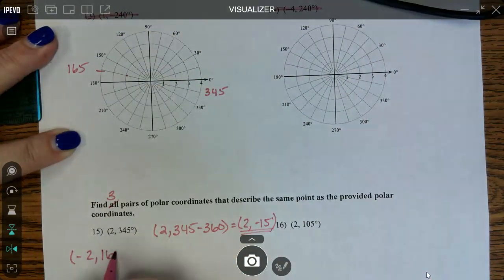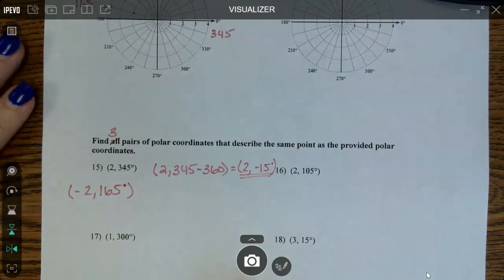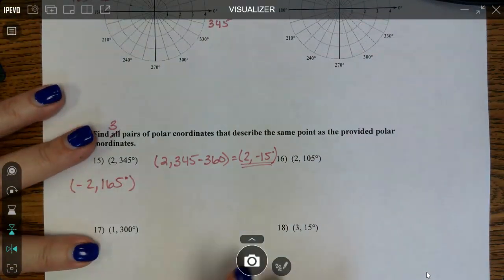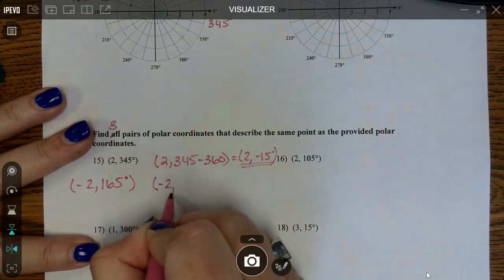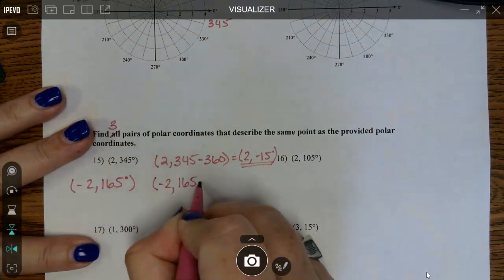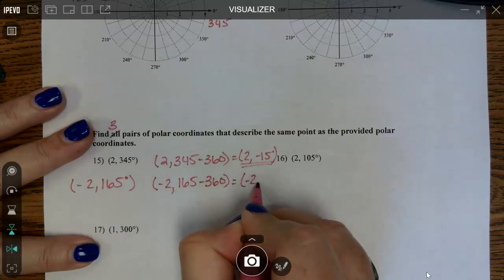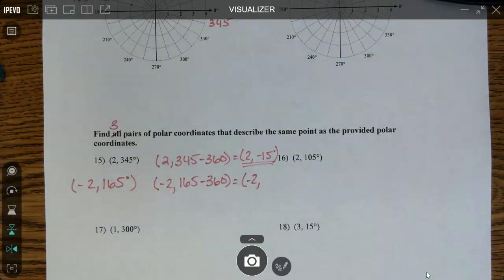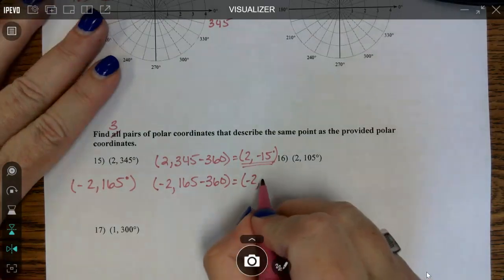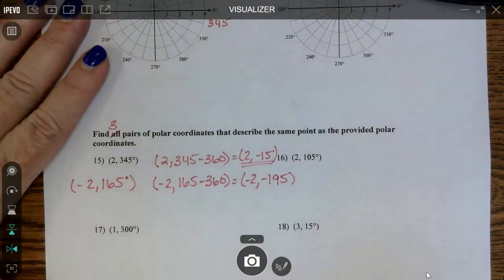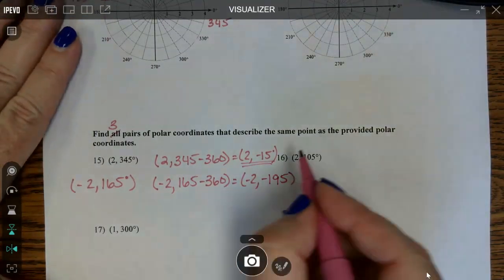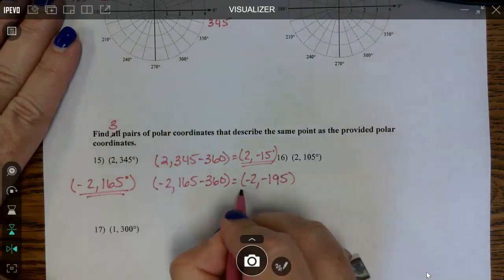So that'll be 165 degrees. And then what we can do again is do negative 2, 165 minus 360. Get two negatives. So negative 2 and negative 195.